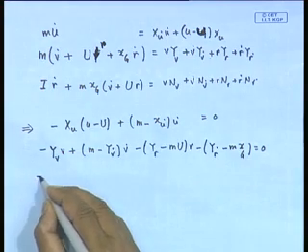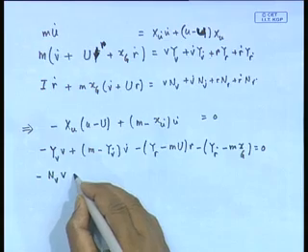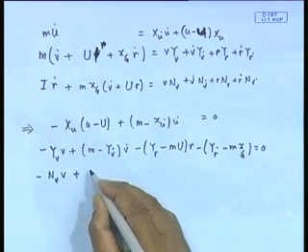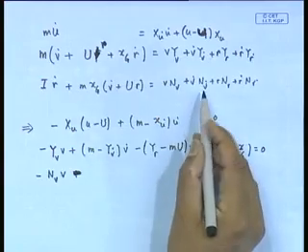Then the next one becomes minus n v v, sorry, this is minus v dot we want to do.